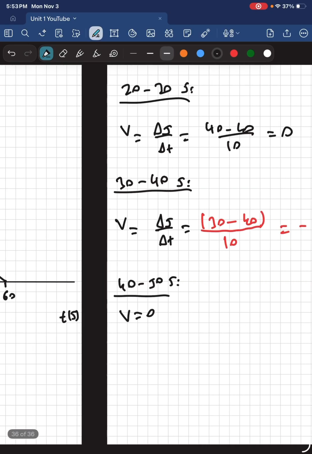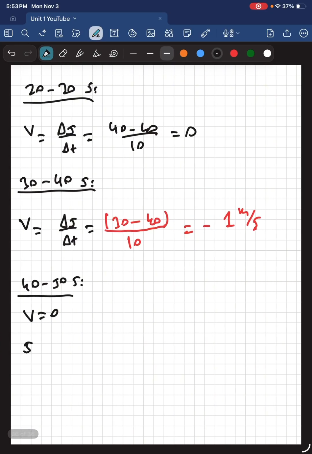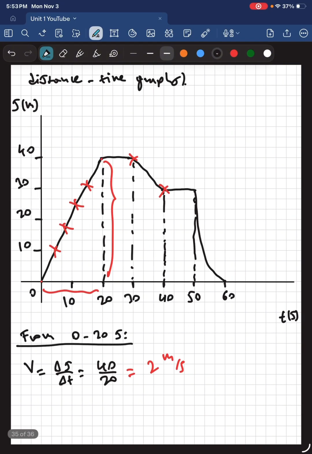And then from 50 to 60, we cannot talk about the velocity because the velocity is not constant. This is a parabola, so we can only talk about the instantaneous speed. So maybe in a paper, they might ask you, what's the speed at 55 seconds?